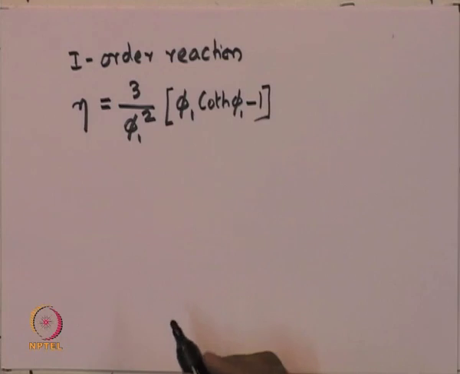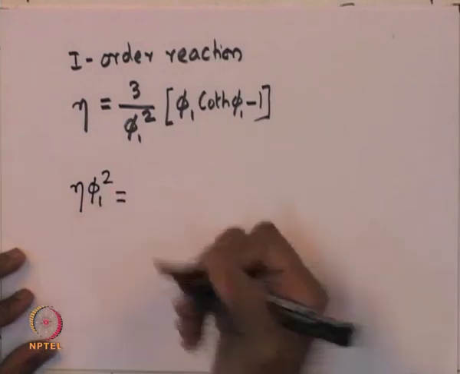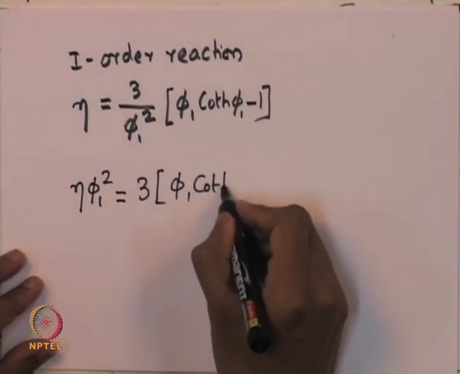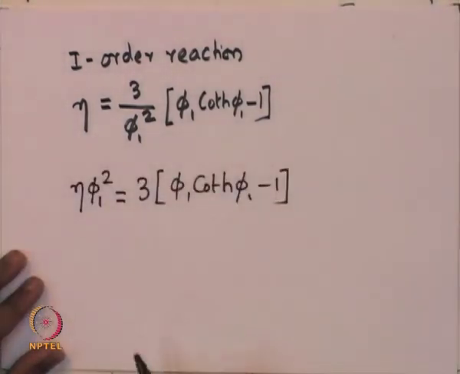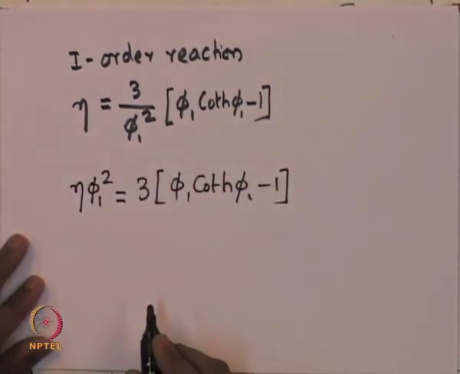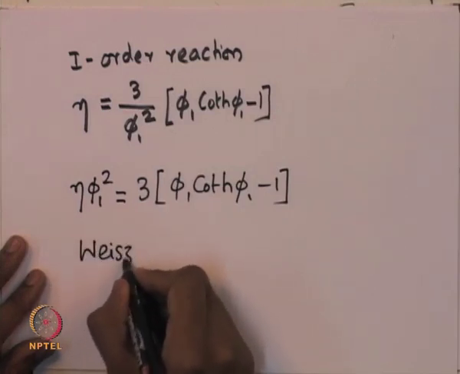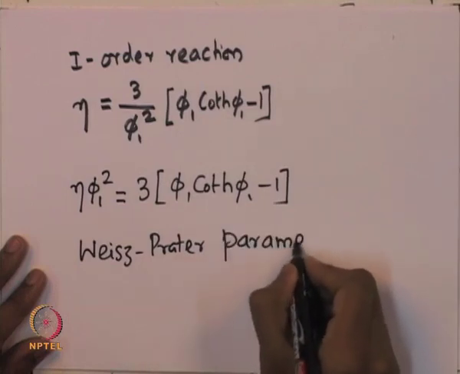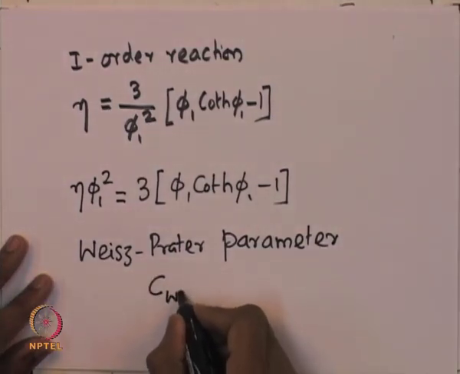Now, this equation can be modified as eta into phi 1 square equal to 3 into phi 1 coth phi 1 minus 1. All I have done is multiply the whole equation by phi 1 square. Once we do this, we can define a new parameter called the Weisz-Prater parameter.